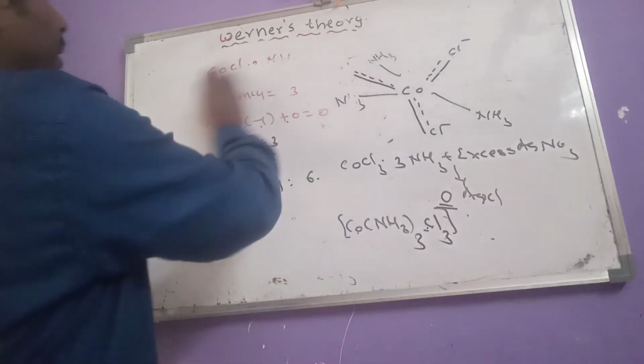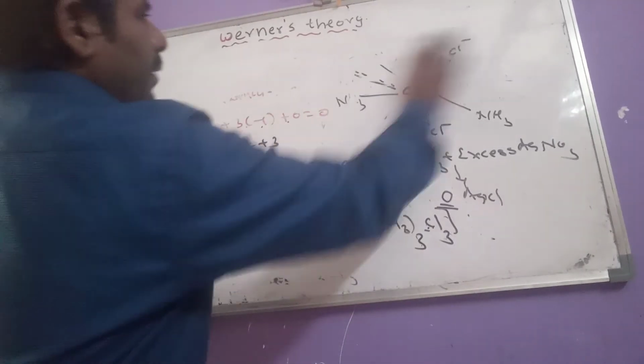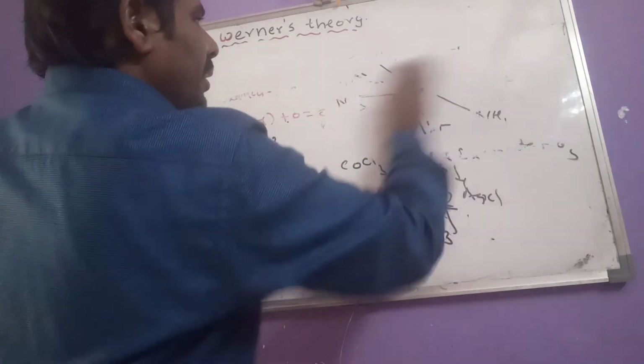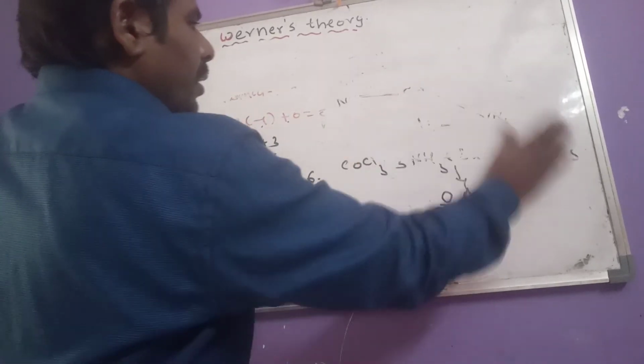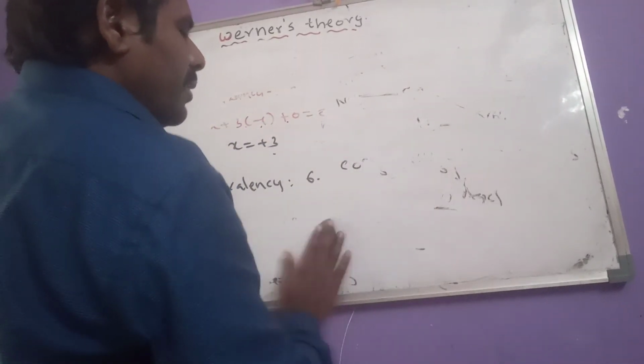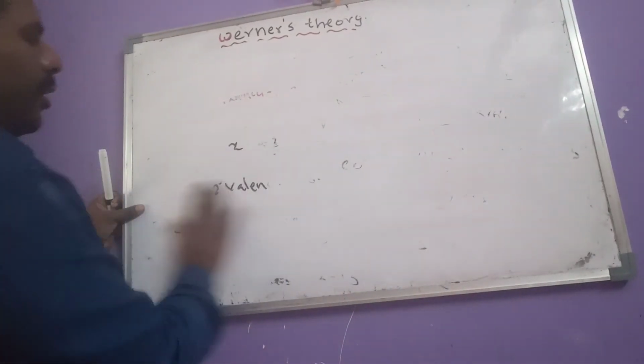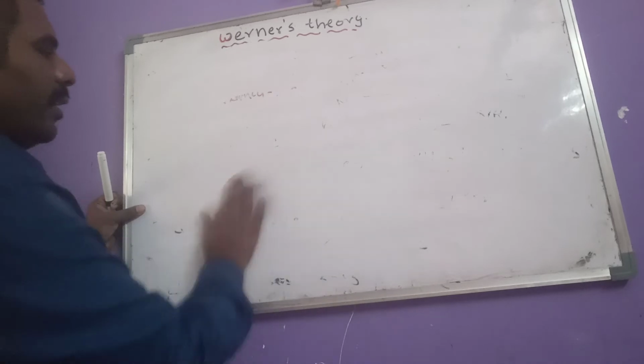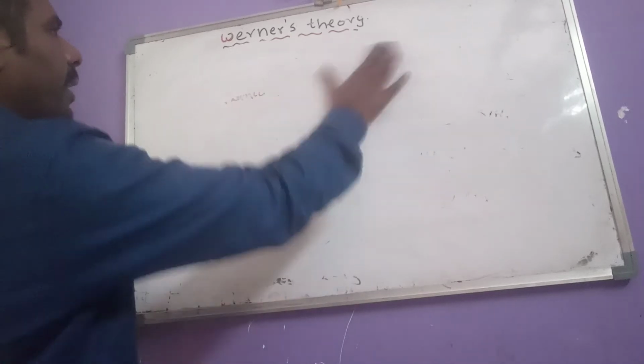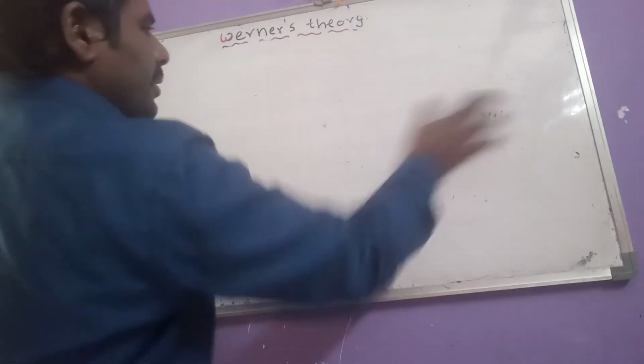Let us see here. First, I will write the formula. Then we have to see how many chlorides are satisfying primary valency and how many chloride ions are satisfying both primary and secondary valencies also. Let us see here.